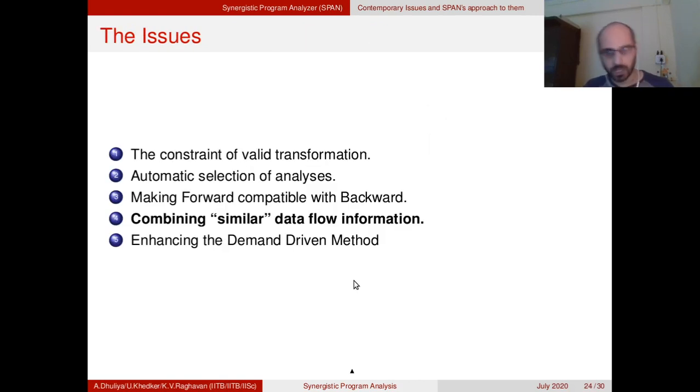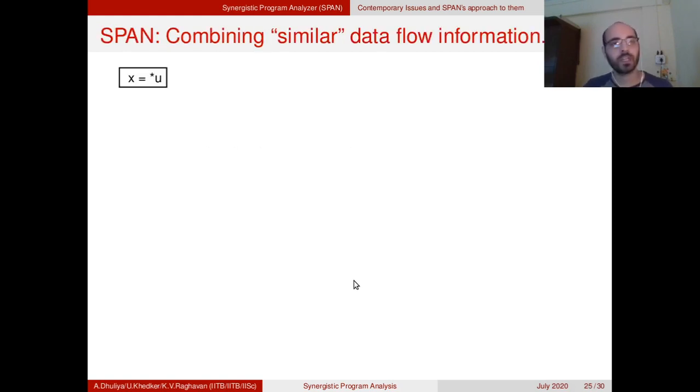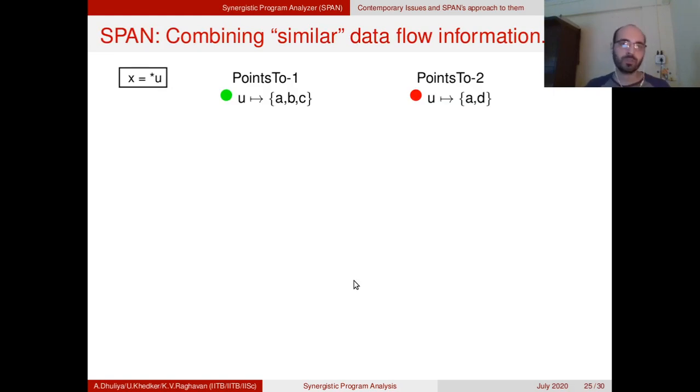Combining similar data flow information. When we are combining multiple analyses, multiple analyses can simplify the same expression by giving similar data flow information. For example, x is equal to star u. One points-to analysis gives u points to a, b, c. The other points-to analysis gives the information u points to a or d.